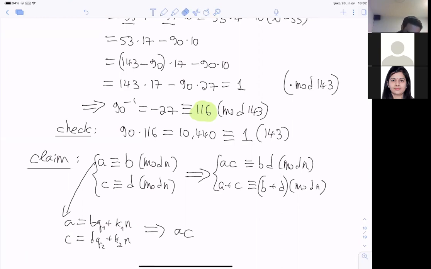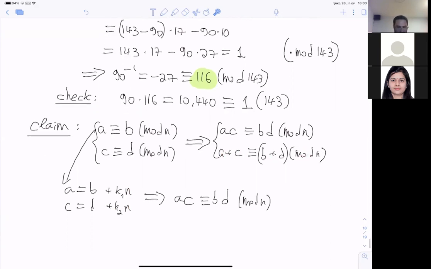This is the meaning of this. The gap is some multiplication by N, here again. So AC will be BD modulo N. Because if you multiply this by this, then every time you have N it is 0 modulo N. And here it is even simpler.